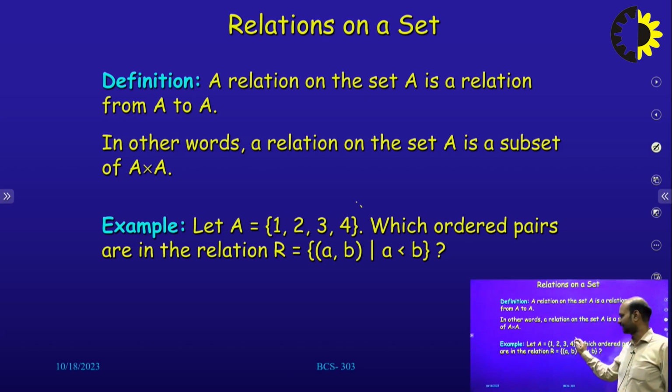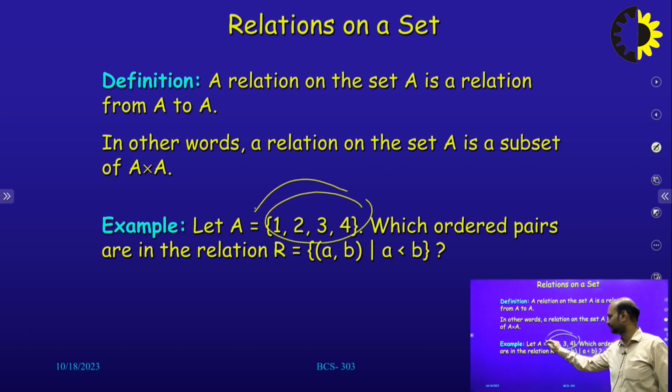There are 4 elements present in set A, and we construct a particular relation whose ordered pairs are (a, b) where a is less than b, which means the first element is always less than the second element.